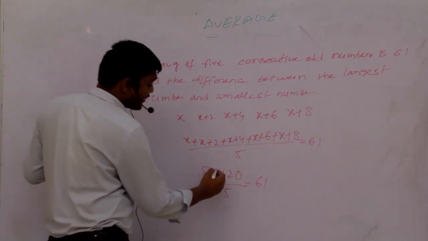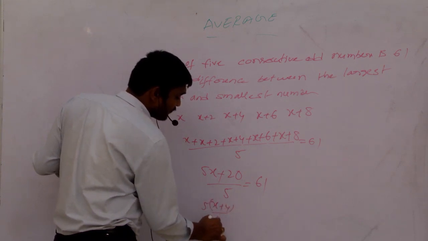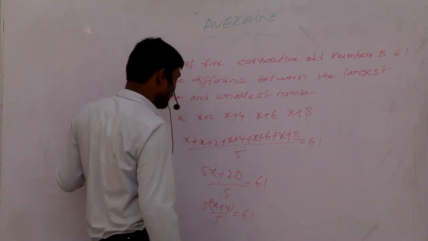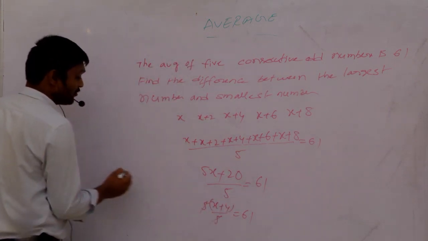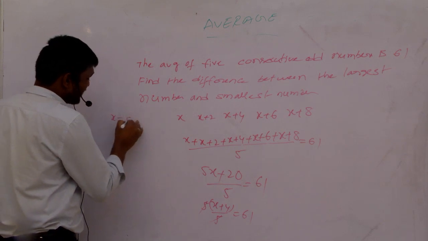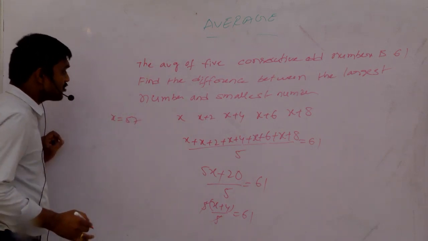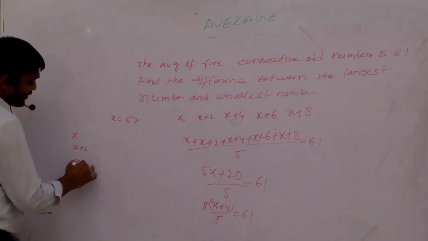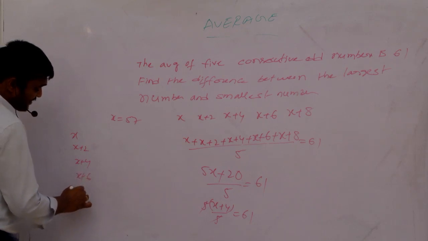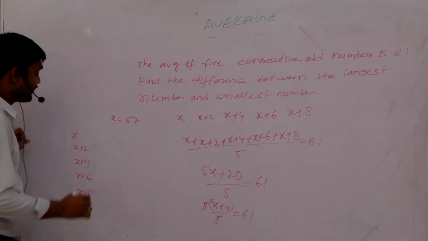Taking 5 common, x plus 4, by 5 equal to 61. So 5 cancels, x equals 57. So consecutive odd numbers are x, x plus 2, x plus 4, x plus 6, x plus 8, where x equals 57.